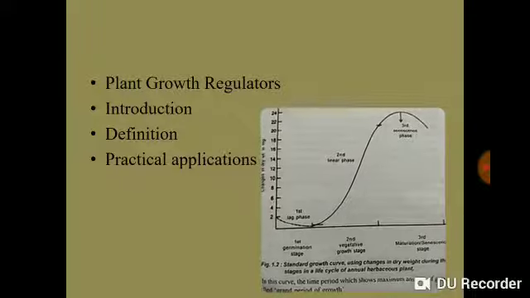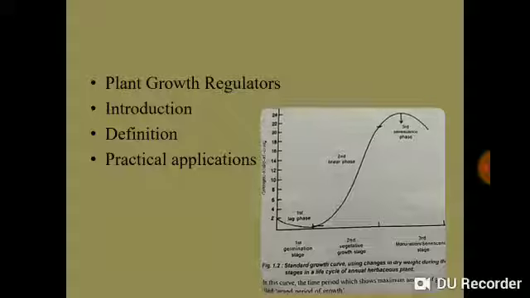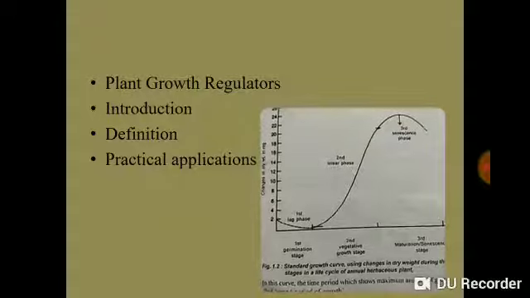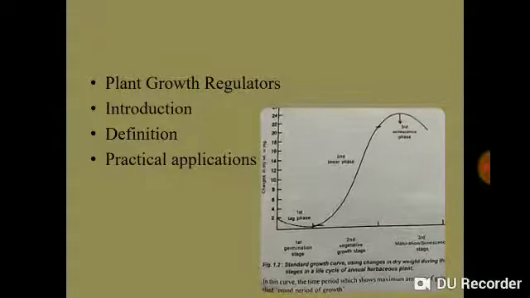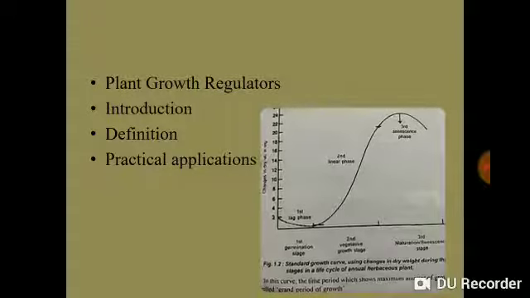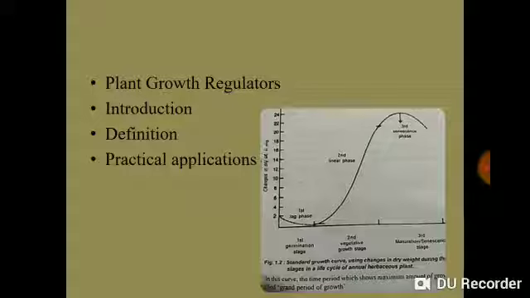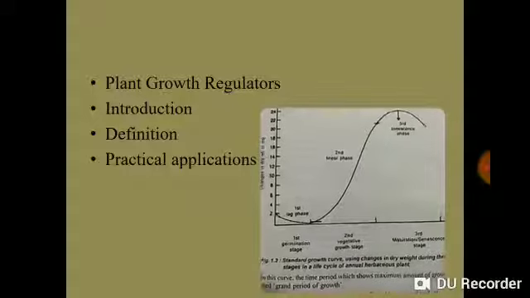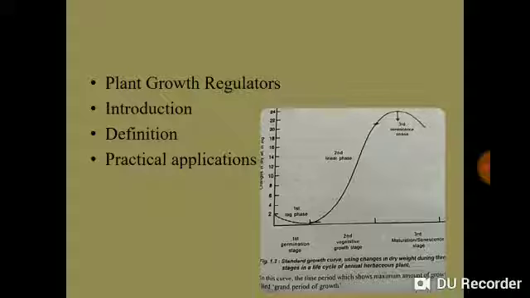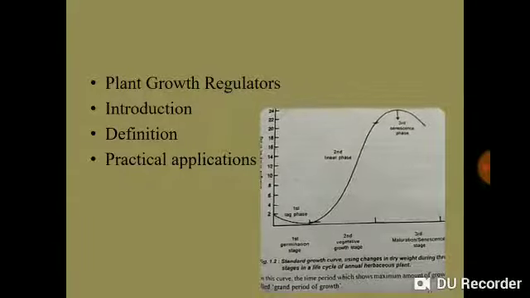But in the case of an organ like a leaf, for the first few days the leaf shows a very slow increase in size, followed by a rapid increase in leaf size, and again when the leaf matures the growth rate becomes very slow and finally stops. Such growth also takes place in plants like herbaceous plants.